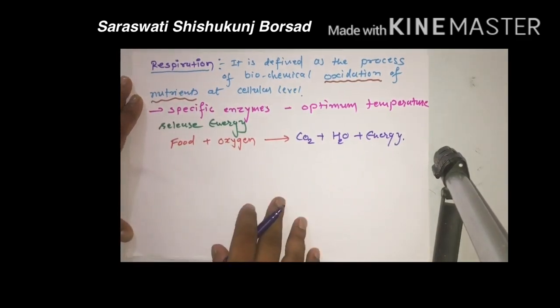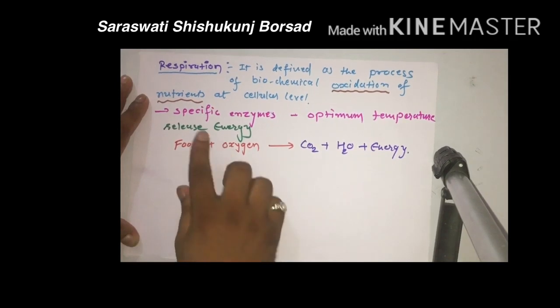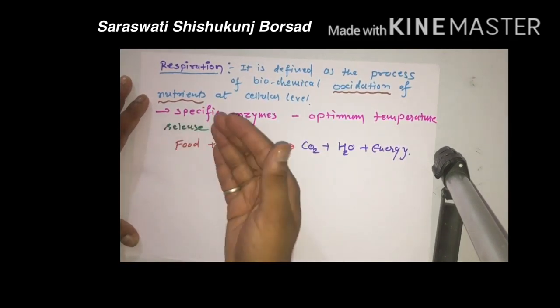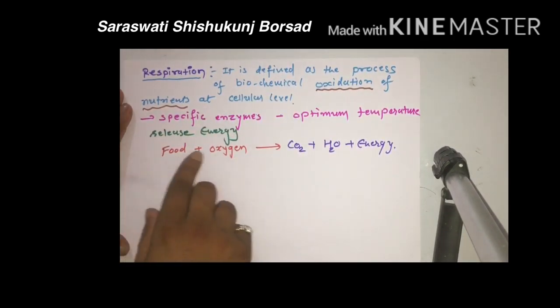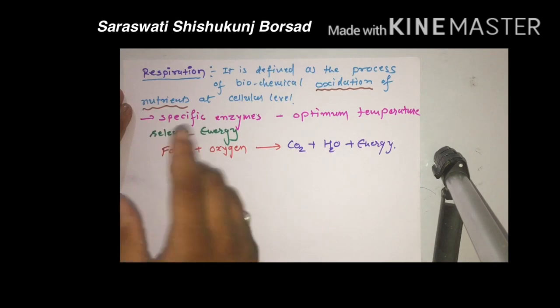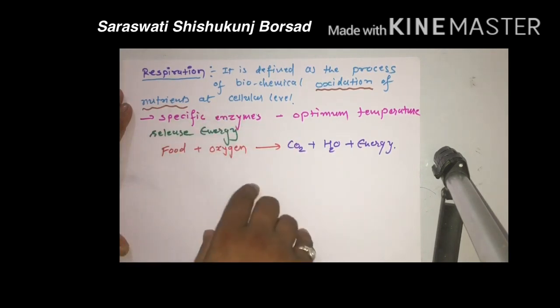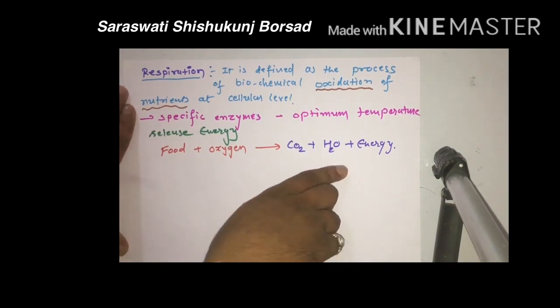So ultimately this is the concept of respiration. In the presence of specific enzymes and at optimum temperature, energy is released. The nutrients which we have taken in the form of food get oxidized, resulting in carbon dioxide, which we throw out by the process of exhalation, water and energy.